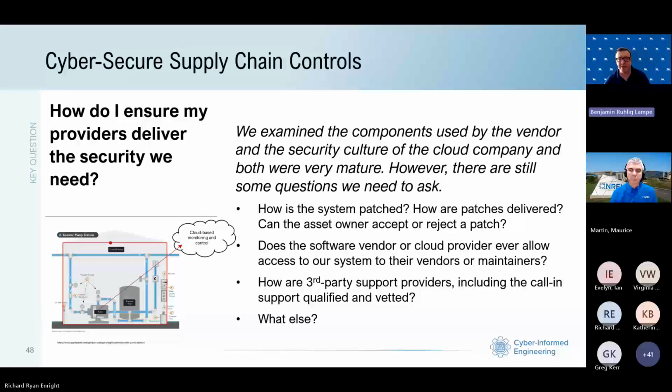So you can see how this supply chain control principle helps make sure that relationship's understood and defined. And I think that helps support the larger supply chain governance that's core to cybersecurity nowadays in this modern age. So Maurice, I'll hand it over to you.